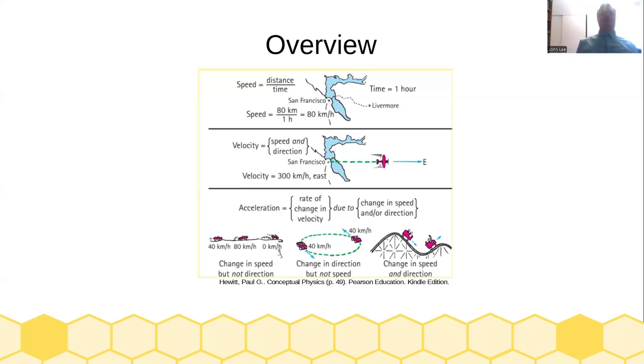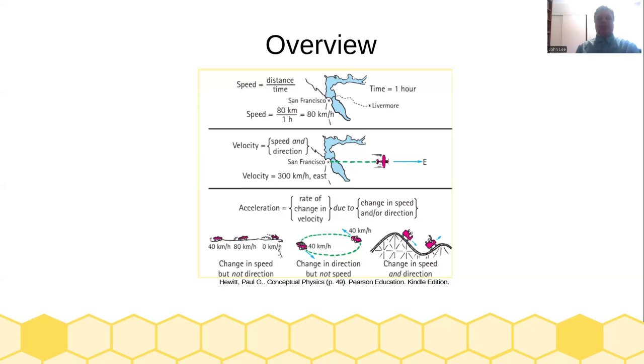And then the acceleration is the rate of change in velocity due to either a change in speed and or a change in direction. So for the first example, we have a change in speed but not direction, which is a car accelerating and decelerating along a straight road. For the second example, we have a change in direction but not speed, which is a car going in circles, which will be very useful in circular motion and planetary orbits when we get to that later in the semester.